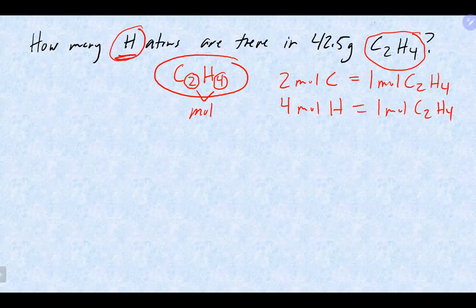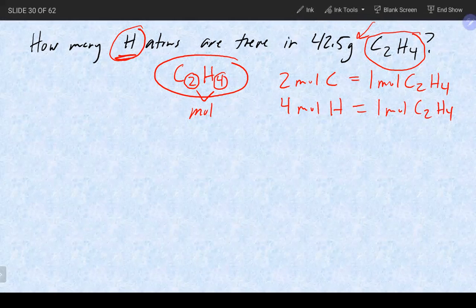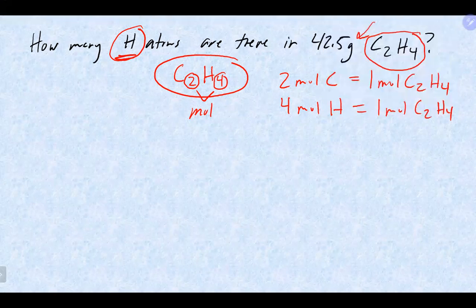And that is, we have grams of the whole thing. So in order to use these, we'll still need to convert the grams into moles of the whole thing. So that's where we'll begin. We'll start by taking the whole thing here and converting it into moles. So we do need to go 2 times 12.01 plus 4 times 1.008 for our hydrogens.